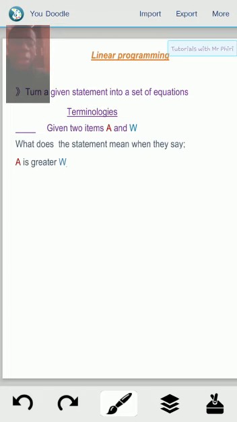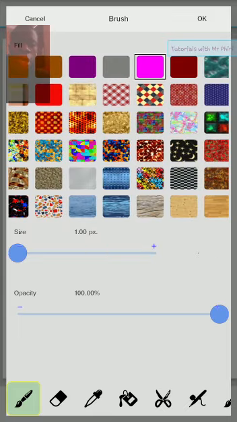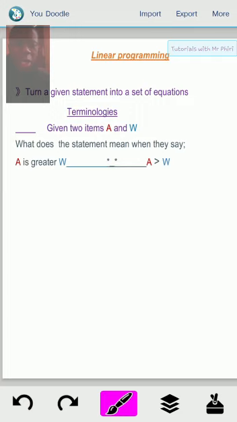In general terms, when they say A is greater than W, we can say A is bigger than W. Writing this in mathematical terms, it will be A > W. When you see the symbol for greater than, the big or open side is toward the first letter, and the small side of the symbol is toward the smaller element.